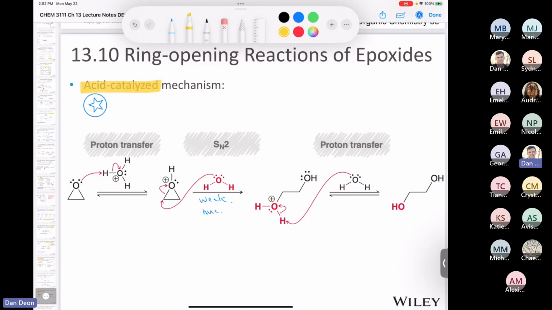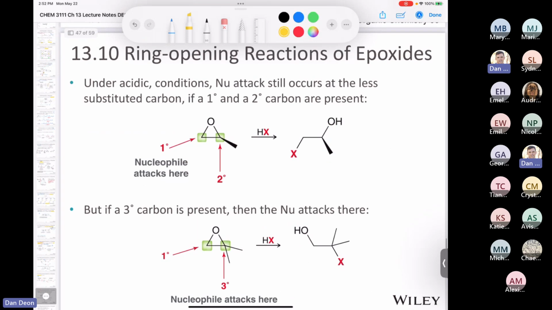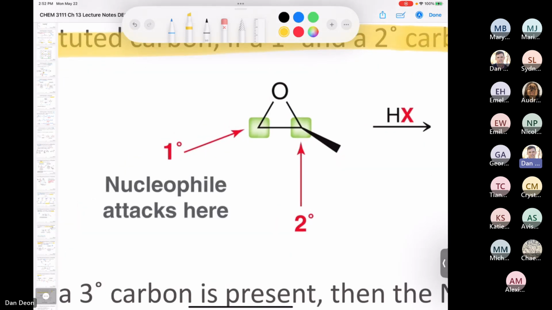Here we go. This one here. Under acidic conditions, the nucleophilic attack still occurs at the less substituted carbon if you have a primary and secondary carbon. If we look at this molecule, this carbon is primary because it's attached to 1 carbon. The carbon on the right-hand side is secondary because it's attached to 2 carbons.